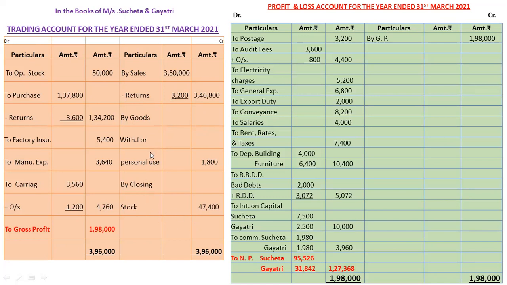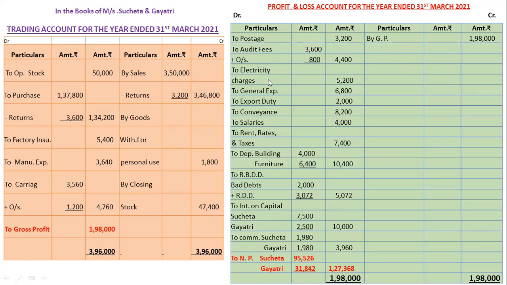47,400. We will get the item which is highlighted in red color, that is of gross profit. This gross profit is to be posted into the profit and loss account credit side by gross profit.